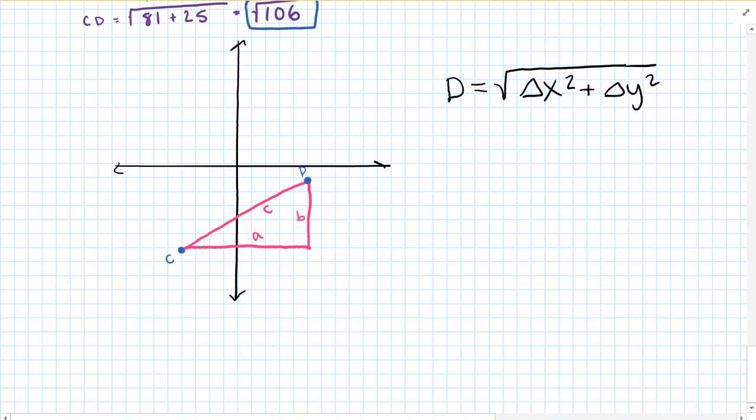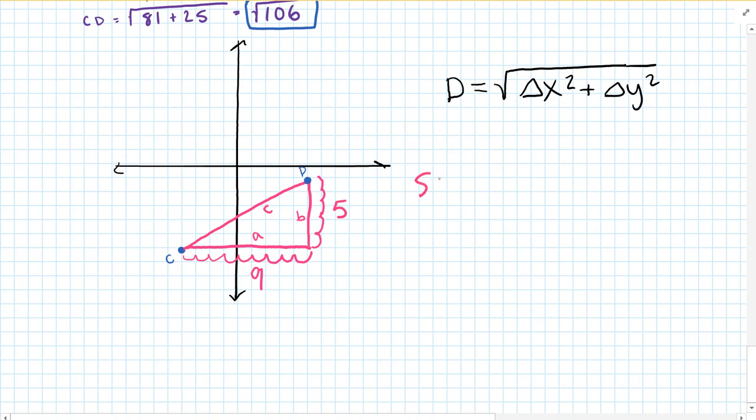And so the steps to go from this C to this D, I went over 1, 2, 3, 4, 5, 6, 7, 8, 9. So a is equal to 9. And then b, I went up 1, 2, 3, 4, 5. So this is 5.